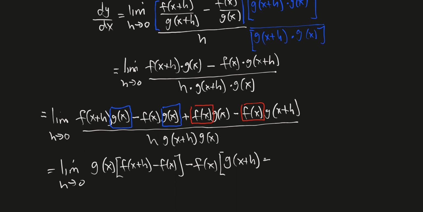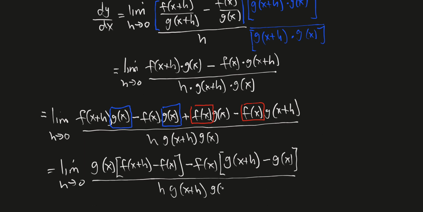So I have to put a minus g of x, right? So that's what it looks like when we factor out the common factors out of the first pair and then the last pair, and then at the bottom we still have this h times g of x plus h times g of x.